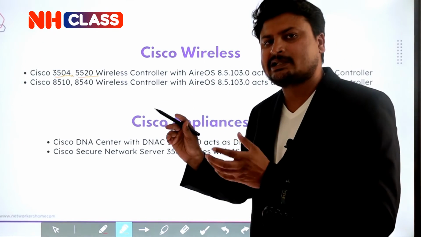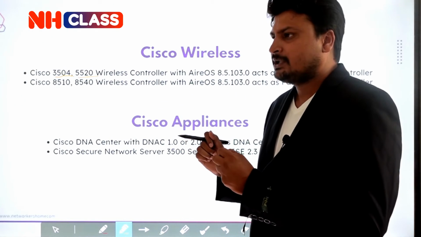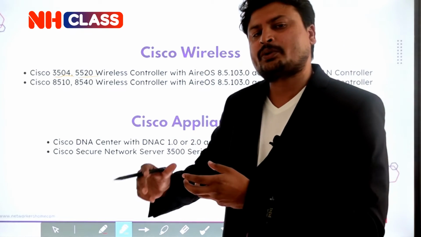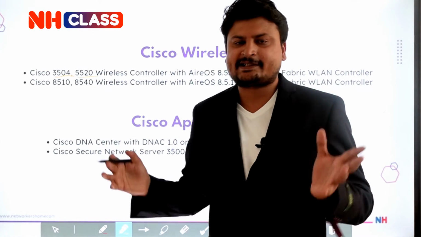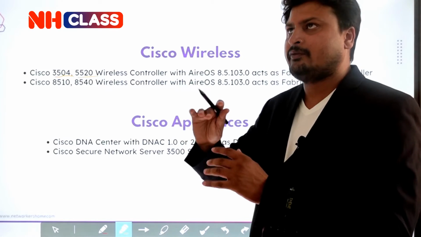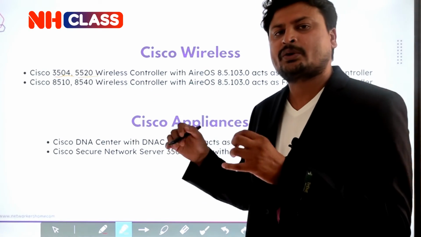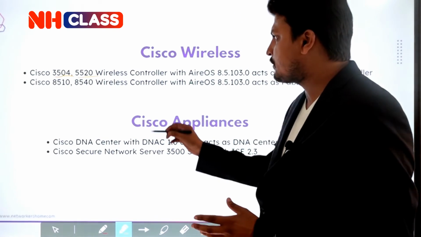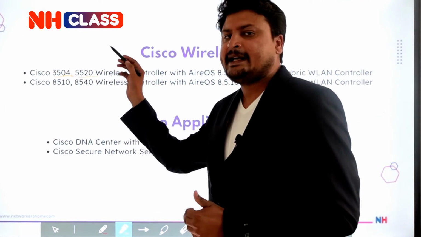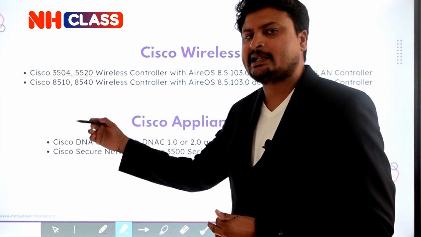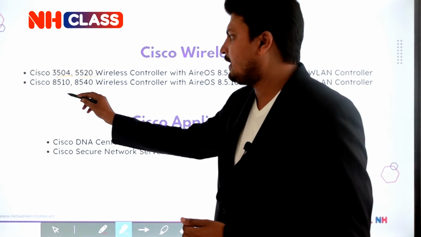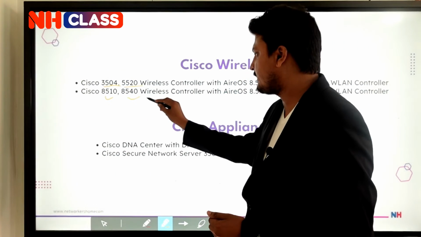These are the devices that control your access points. We have multiple access points in our network, and wherever we go for wireless connectivity, we need a controller to control the multiple access points. So these are the fabric controllers that will directly support your DNAC. And we have other model numbers as well.